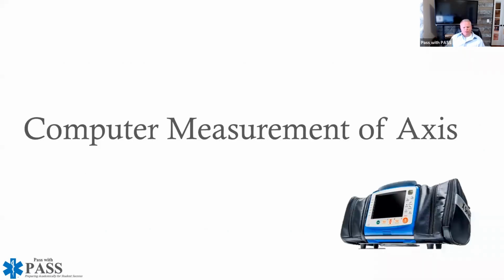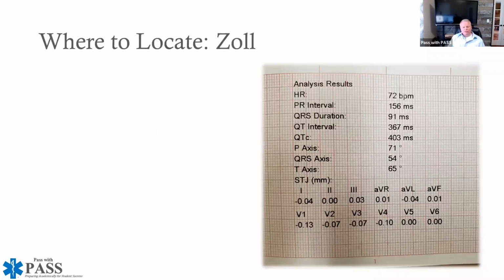So computer measurement. Here's a printout of a Zoll. And if we look at axis, the one that we're really concerned with is the QRS. If you come down here on the paper, it's probably the eighth or ninth thing down. The QRS axis is telling you that it is 54 degrees.